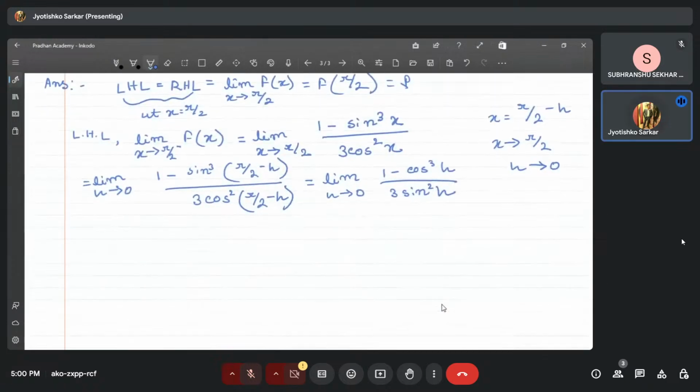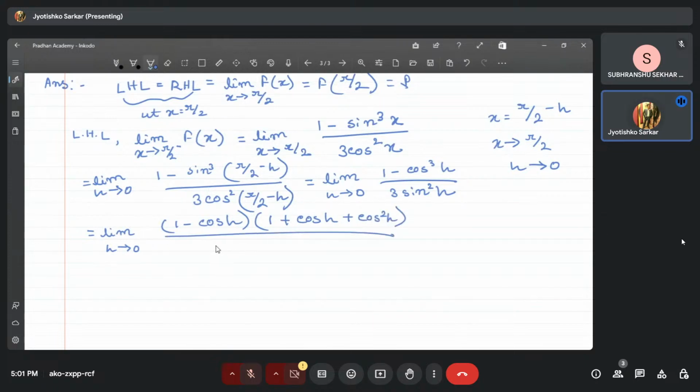Then I can expand this 1 minus cos cube h using the formula of a cube minus b cube: 1 minus cos h into 1 plus cos h plus cos square h divided by 3 into 1 minus cos square h. We're cancelling them. I can take the constant value outside the limit.